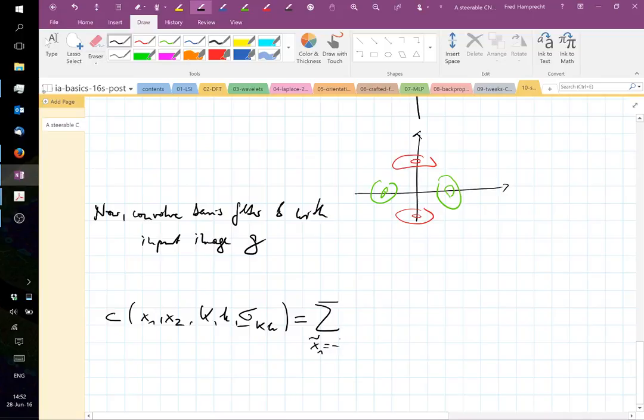And I now have a new parameter here, capital M, namely how big do I make my filter mask? So far everything has been analytical, and now I enter the discrete world of digital images where pixels are indexed by integers.